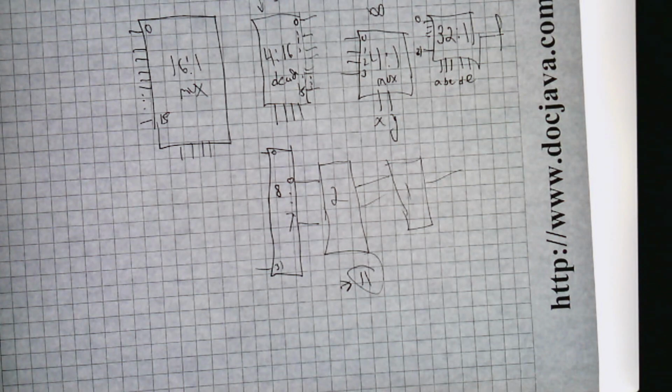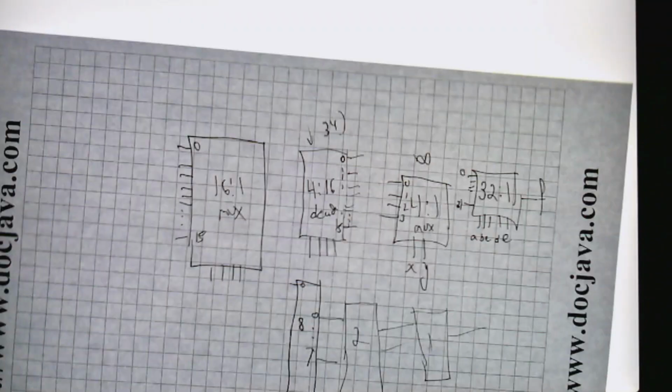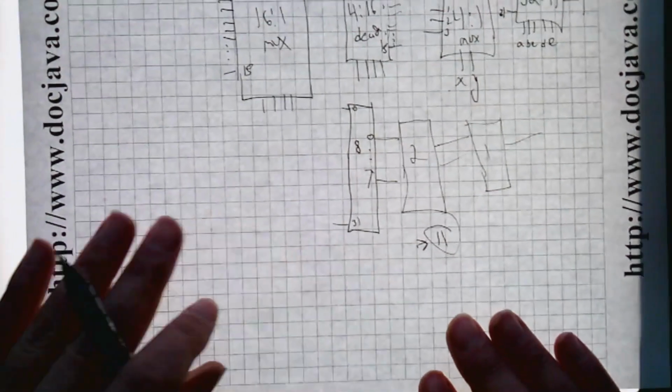No questions? Number 38. The following truth table is for a 3-input AND gate. Find the output given inputs A, B, and C. Well, first of all, how do you make a 3-input AND gate?